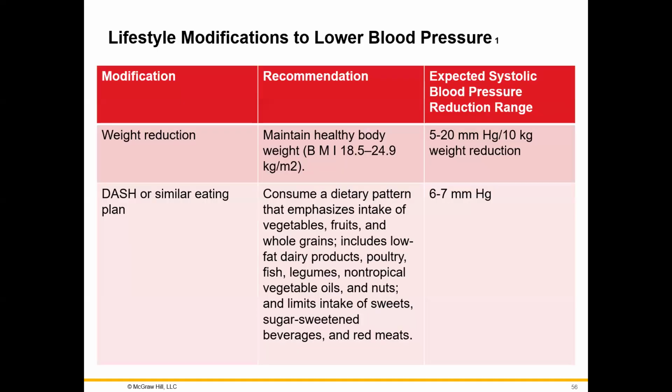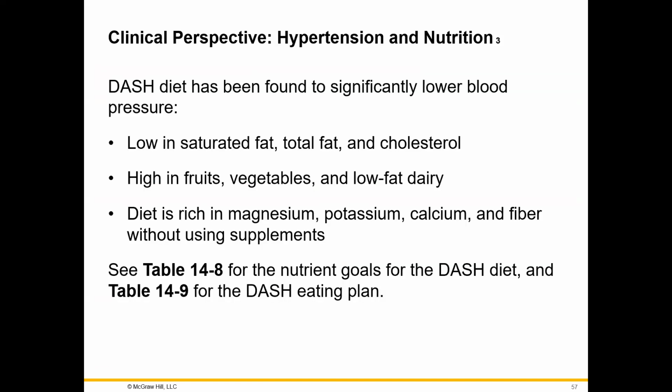And that's going to increase the risk of heart attack, stroke, dementia, kidney disease, and vision loss. So if you're worried, here are a few lifestyle modifications that you could use to decrease your blood pressure. Number one, of course, being lowering the body weight. The second thing, though, is that you might want to follow something called the DASH diet, which we'll see more info on here. The DASH diet stands for the Dietary Approaches to Stop Hypertension.